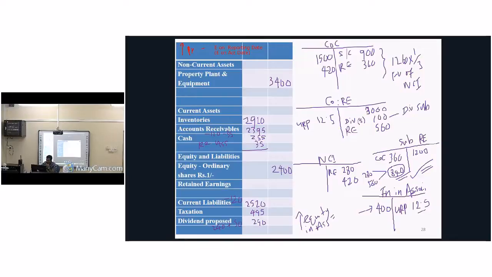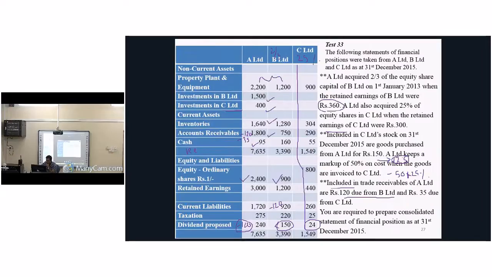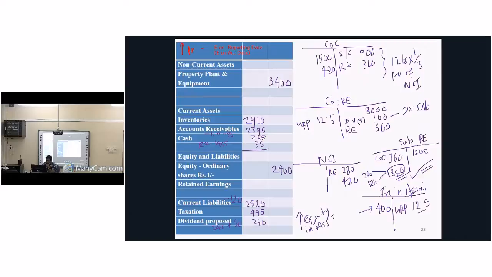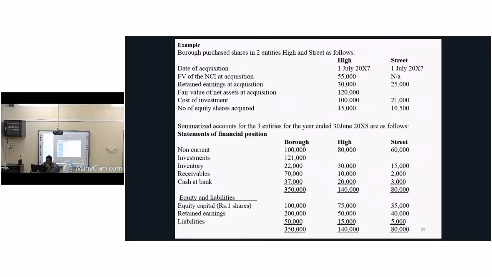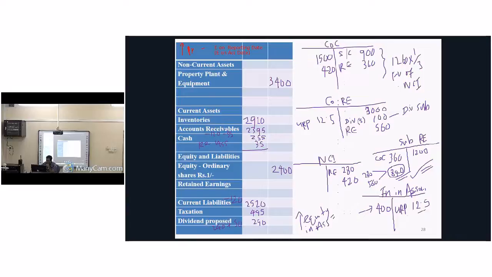Then how to calculate it? Equity on the acquisition date, how much? Just see. We had 800 capital here, and at the date of acquisition we had 300, so 800 plus 300 is 1100.